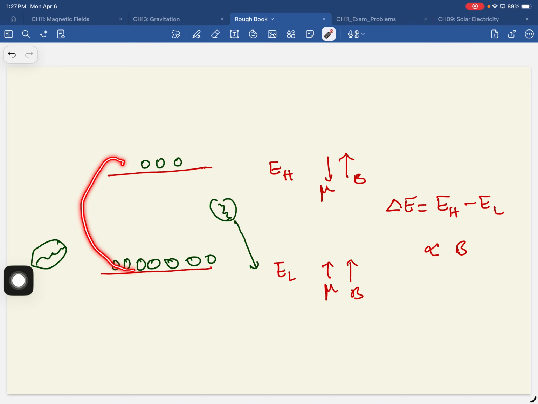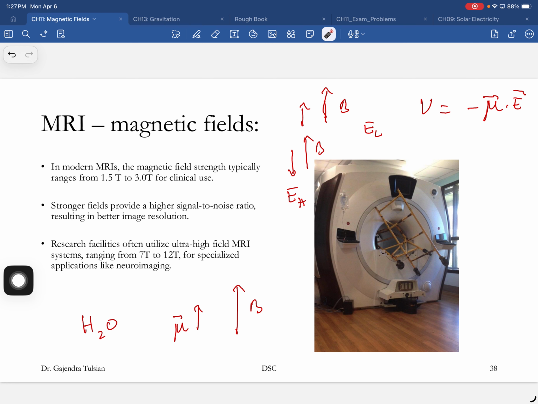Some of them will get excited, and when they de-excite, they'll emit photons, and you take pictures of those. Remember, this energy difference is proportional to the magnetic field, so that'll be crucial.